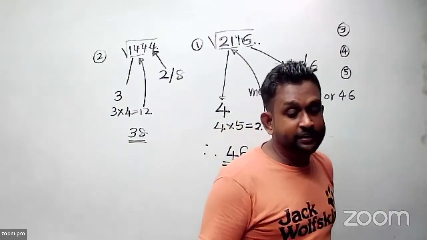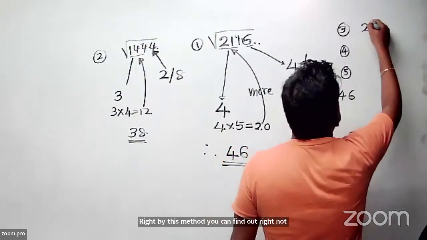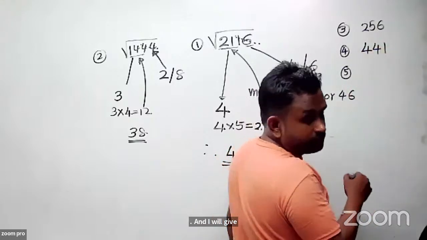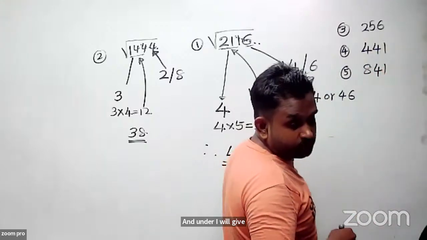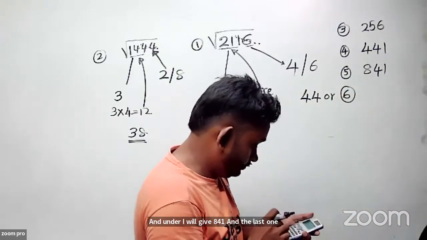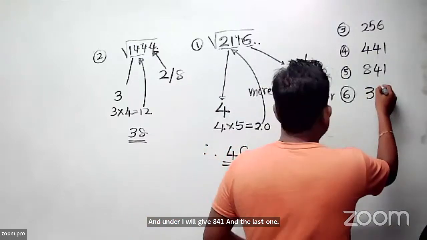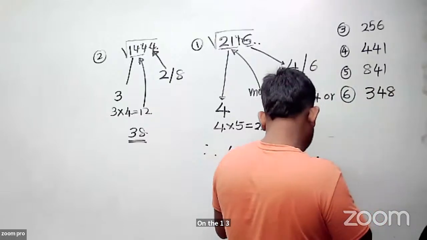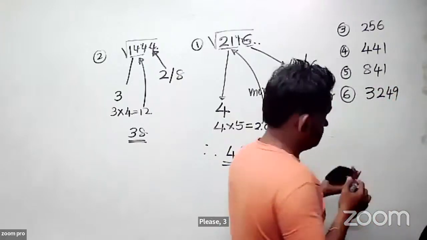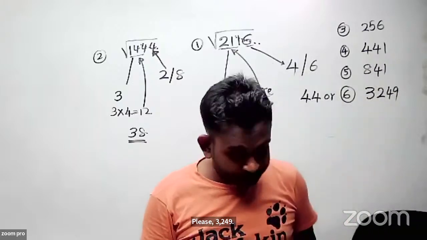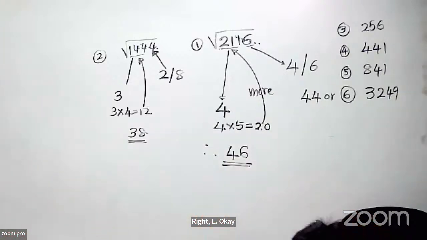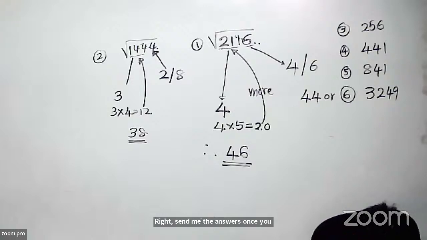By this method you can find them, not much hard. 256, and I will give 441, and another I will give 841, and the last one, the bigger one, 3481, and 3249. Send me the answers once you have completed, okay?